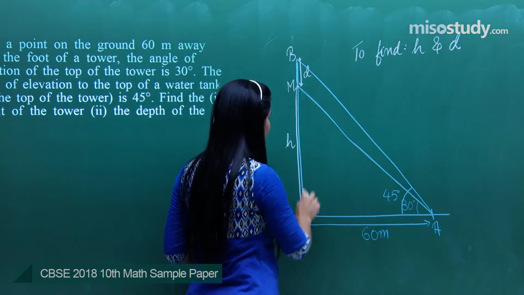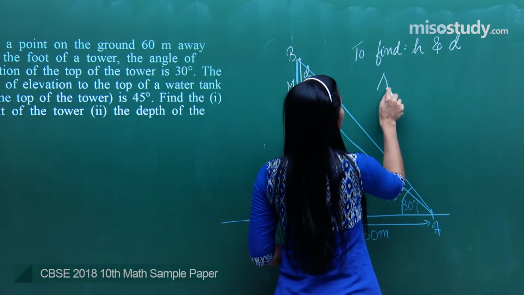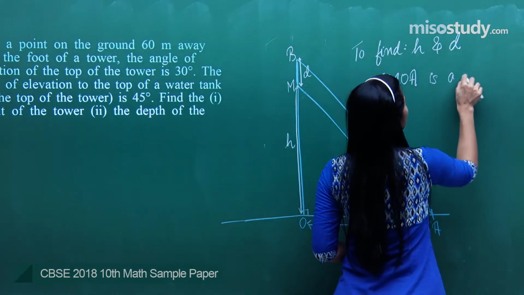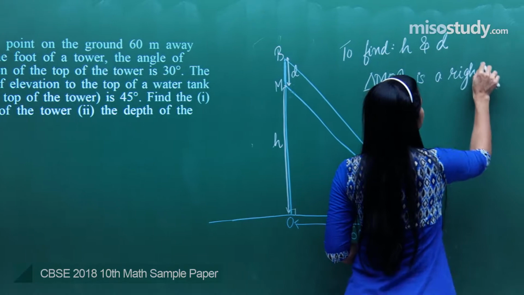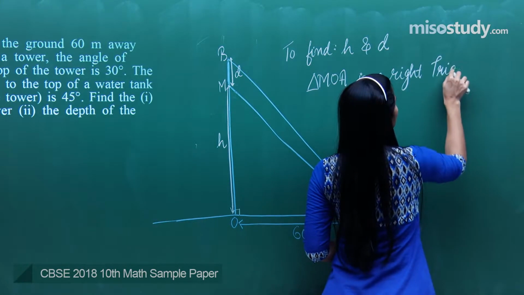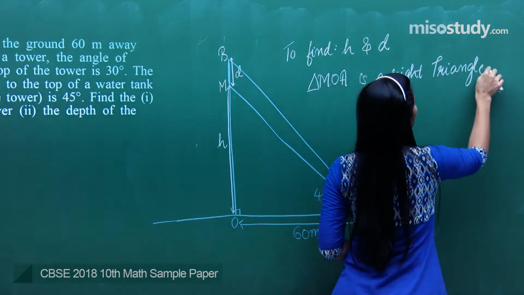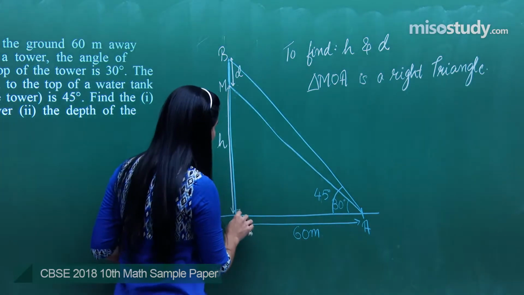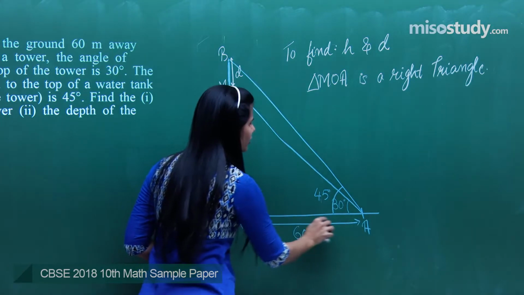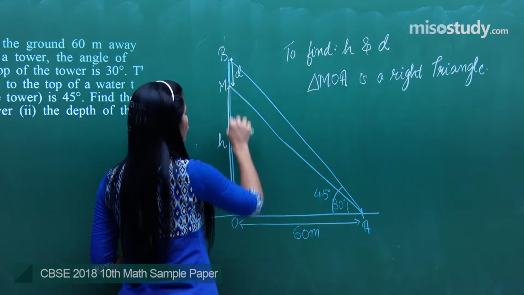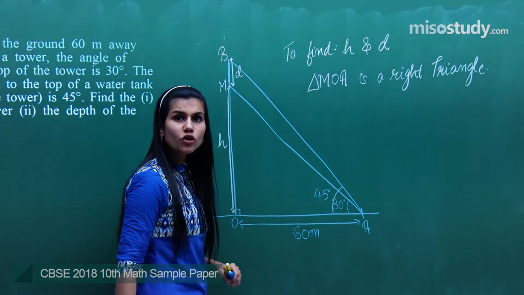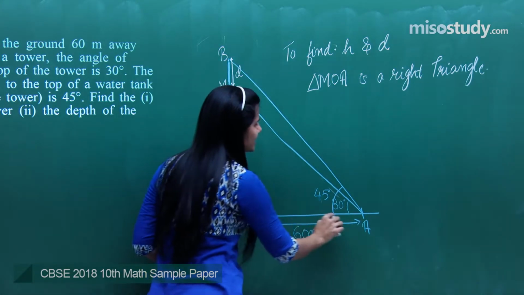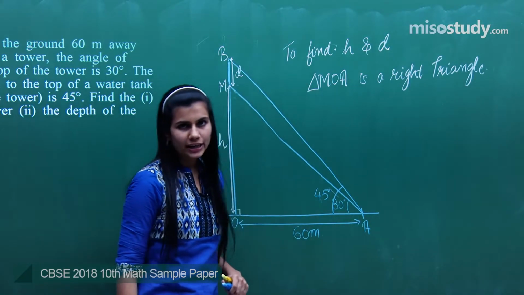So triangle MOA is a right triangle. The moment I know that this is a right triangle, I know the length of the base of this right triangle, and I want to know the length of the perpendicular of this right triangle corresponding to the angle 30 degrees sitting as an acute angle in this right triangle.